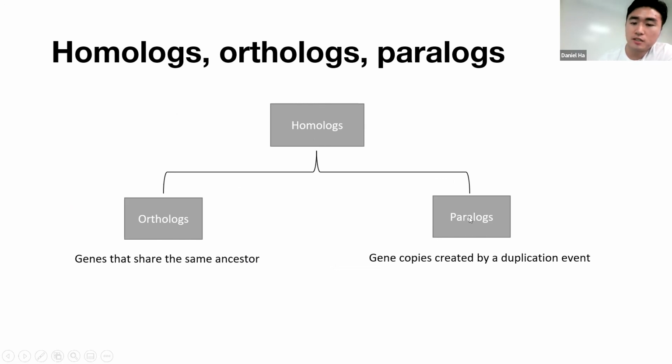Paralogs represent the gene copies that are created by a gene duplication event. In terms of functions, paralogs might have different functions, even though they are exact copies at duplication, because they're prone to mutation when the duplication event happens. So people believe that most of the evolutionary mutational events happen in the paralogs.